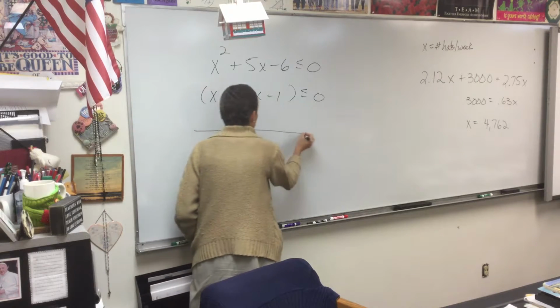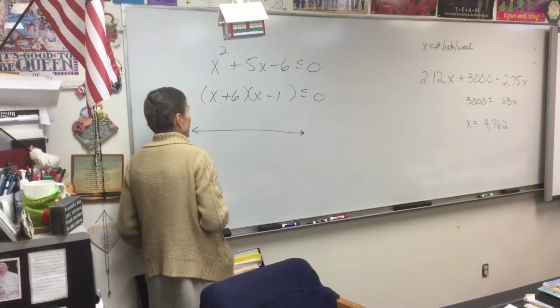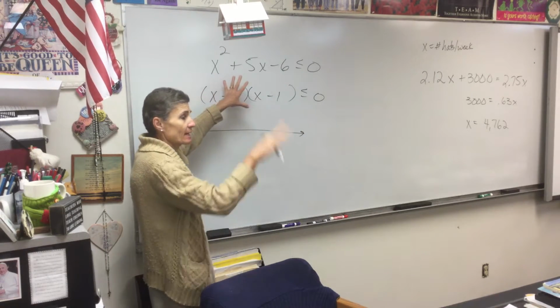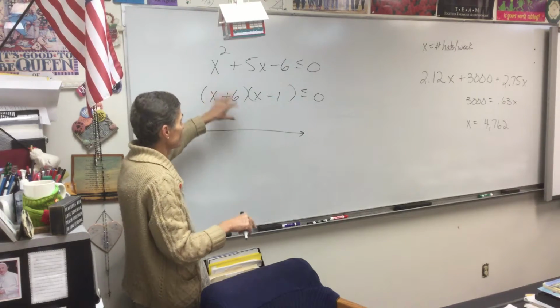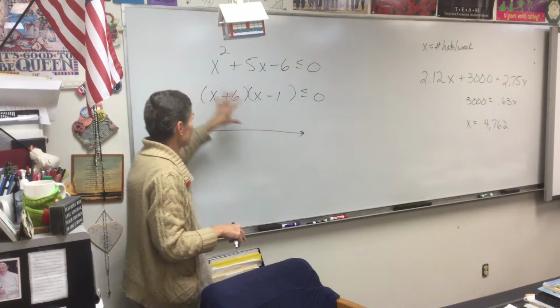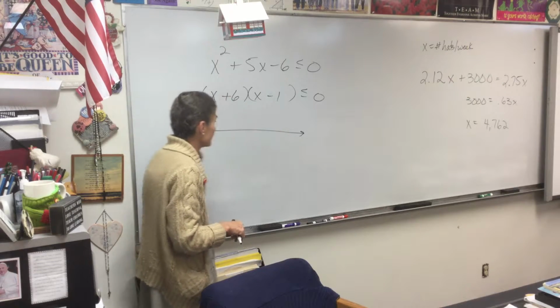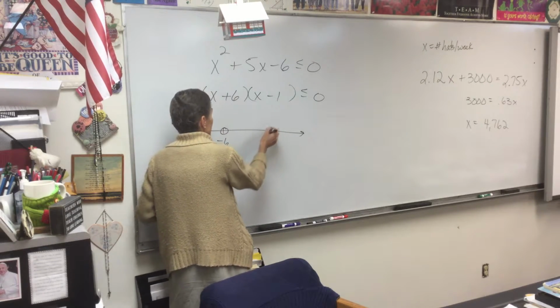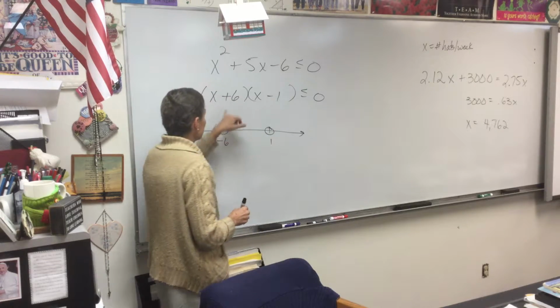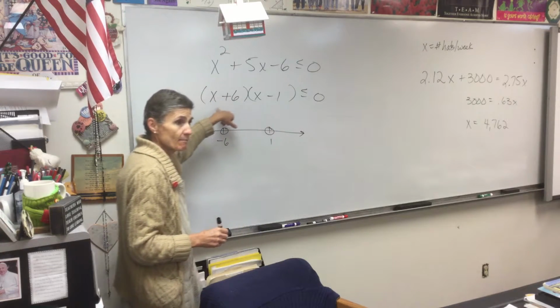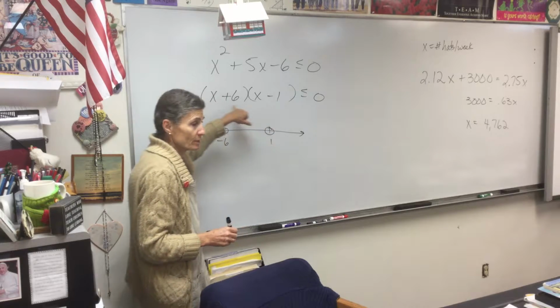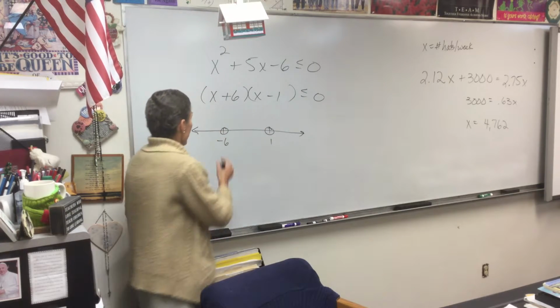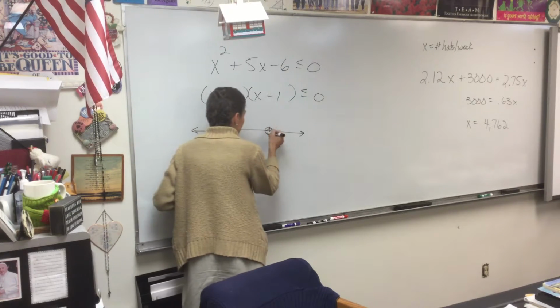And I'm going to draw a number line. Now I'm not sketching this like the practice quiz we did at the beginning. There's no Y in here. There's only one letter, so I'm going to put it on the number line. And I'm going to put a dot at -6 and a dot at 1. Would everybody see where those dots came from? Pretty obvious. Those dots should be colored in.